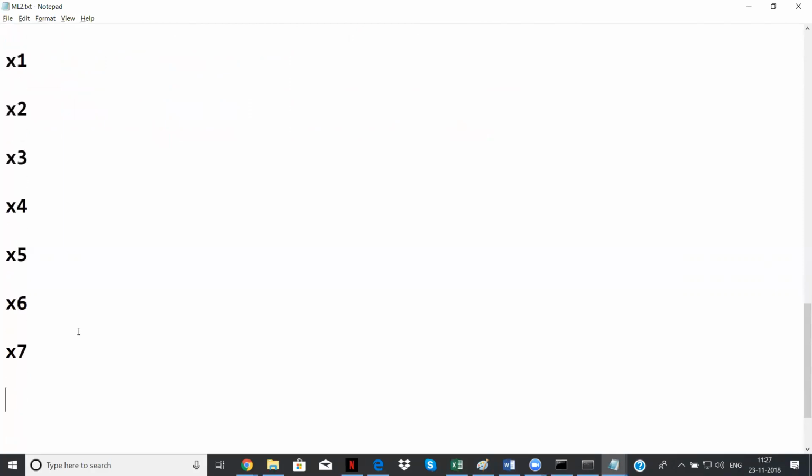I'm putting this into multiple layers. Let's call them n1, n2, and n3, three units. And finally, I have my output layer n. Clear?